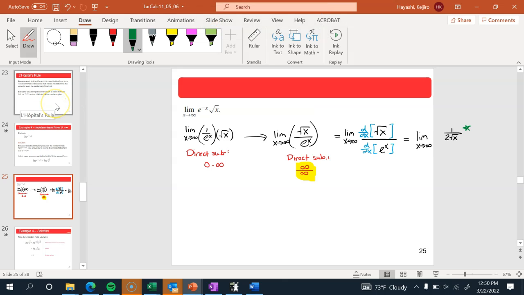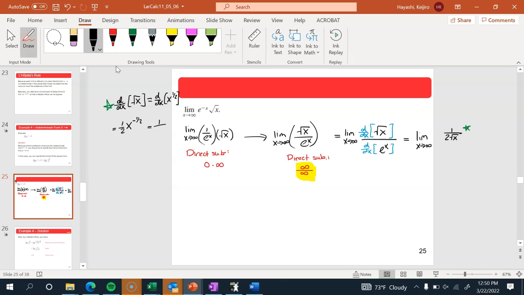The reason is, take the derivative of the square root of x. That's the derivative of x to the 1/2. And using the power rule, that's going to be 1/2 times x to the negative 1/2. You throw the power in front, subtract 1 from the power.